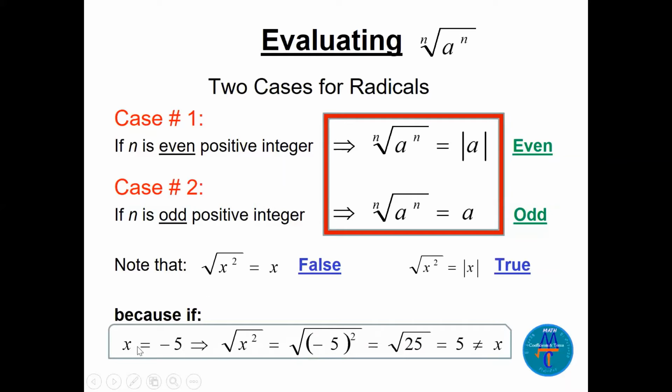Another reason I can give you, if x is equal to minus 5, let's put minus 5 inside. Minus 5 all squared is 25. Now what is the square root of 25? We know it is 5. And 5 is not equal to x because x is minus 5 given. So again, the whole summary says, if the index is even, write absolute value.